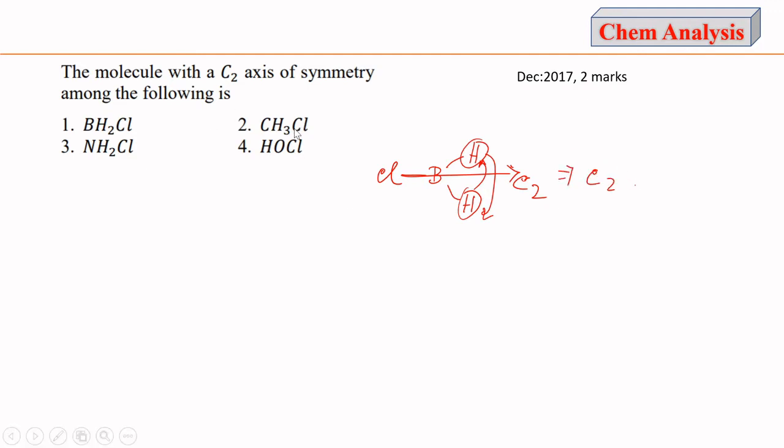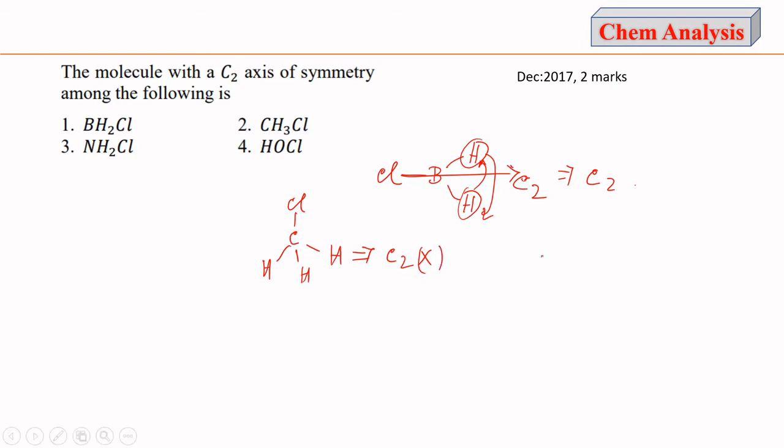If we consider the other compound, CHCl3, it is tetrahedral, and this molecule does not contain any C2 axis. It contains a C3 axis of symmetry, but does not contain any C2 axis of symmetry.